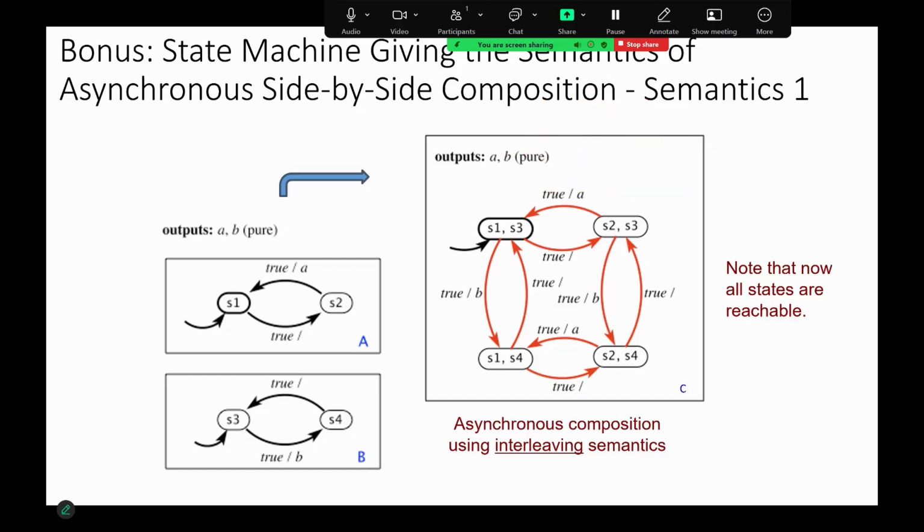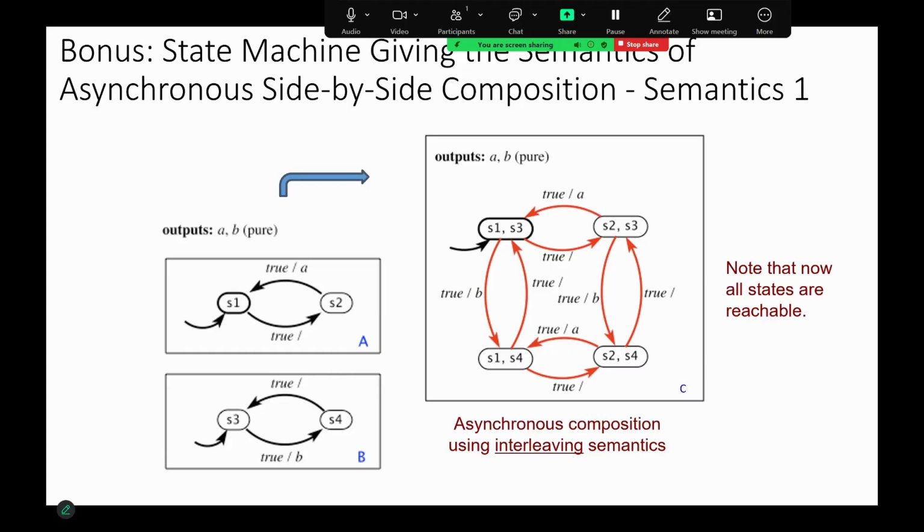So we said that we are in the asynchronous composition, right? Which means A or B react. This is the interleaving semantics. So as a high level check, any move from 1-3 to 2-3, any move on any arrow, should lead to a change of one state only.